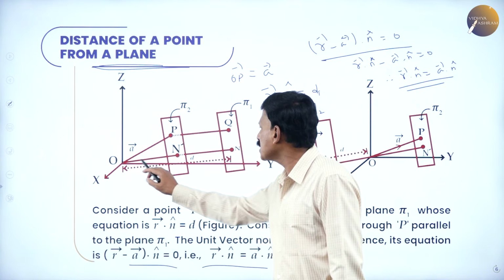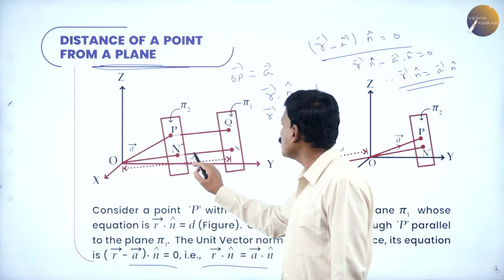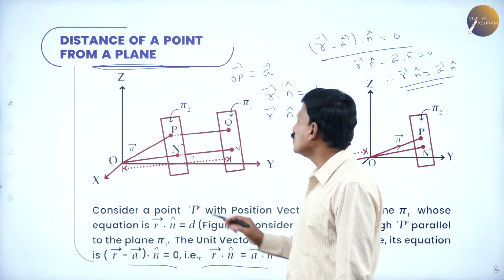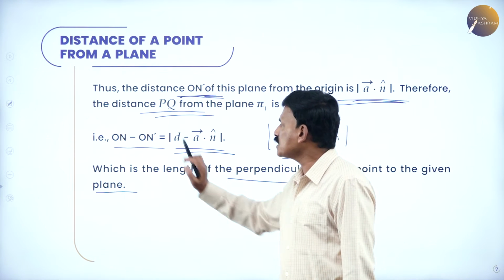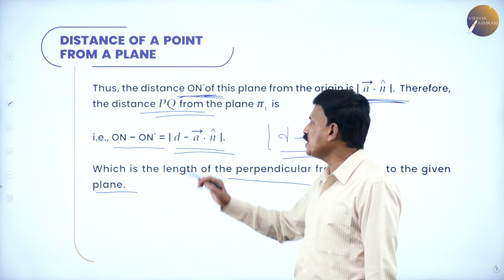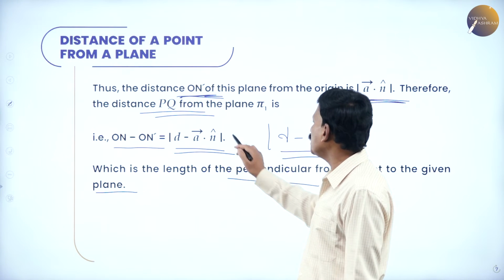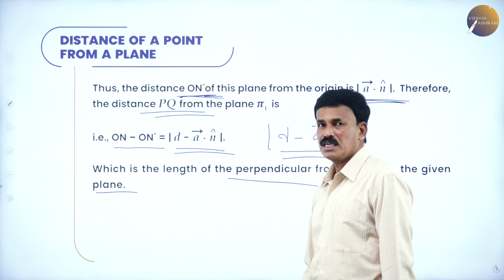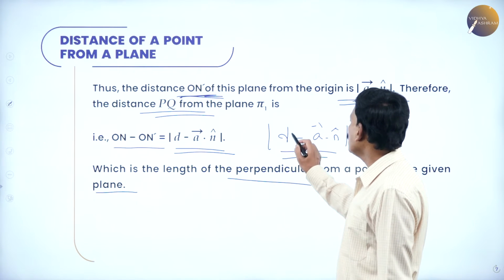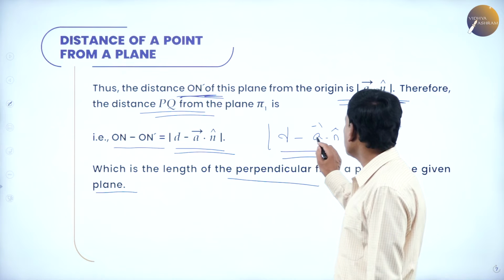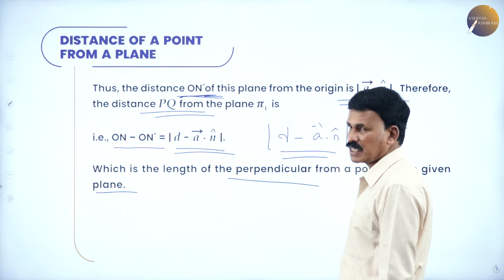What is ON? ON is D. What is ON dash? ON dash is equal to A dot N. Hence the distance is given by mod of D minus vector A dot N cap.